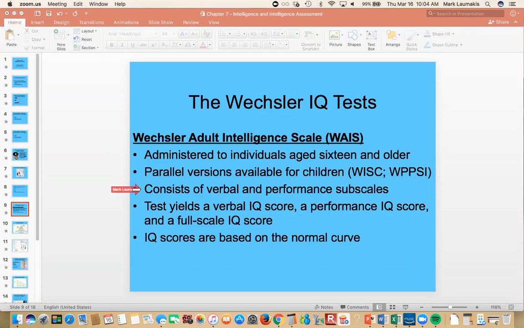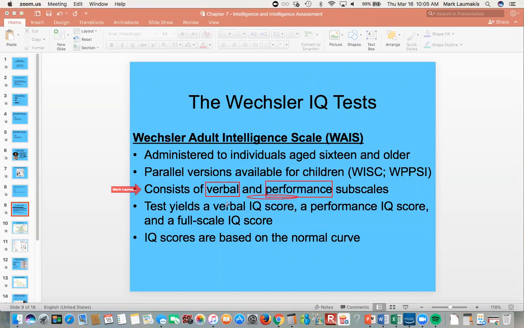All three of them, the WPPSI, the WISC, and the WAIS, have both verbal and performance subscales. And I'm going to show you some specific items in just a couple minutes here. Okay, verbal and performance. Verbal means, well, it's with words. Performance means it has to do with doing something. Ultimately, what we get from these tests is 3 sets of scores.